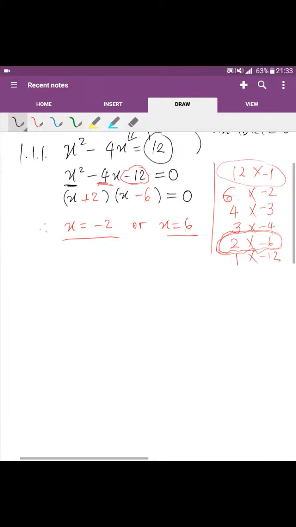Then I'll go through 1.1.1 from the Free State, and it was x squared plus x equals 0. With these kinds of equations, they're trying to trick you. They're trying to check whether you still remember what you did in grade 11, grade 10, or your lower grades.